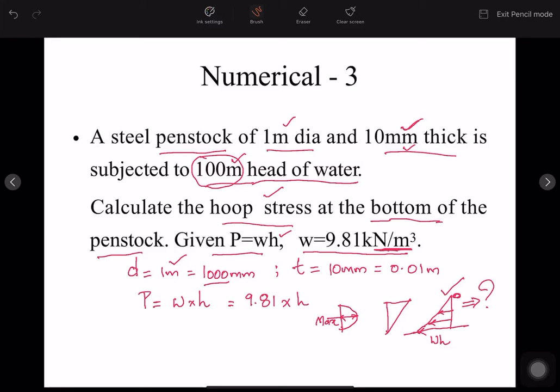He directly mentioned here at the bottom, and he has given P is equal to WH. That is why we are not getting any confusion here. If he mentions to calculate at some other point, either at the centroid or middle of the pipe, he has to give the pressure distribution diagram also, the shape of the pressure distribution diagram.